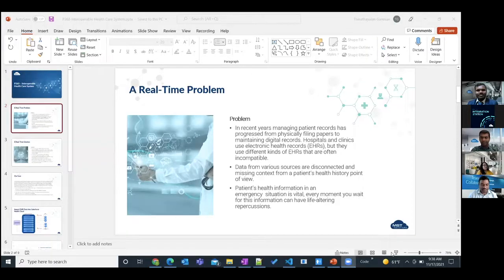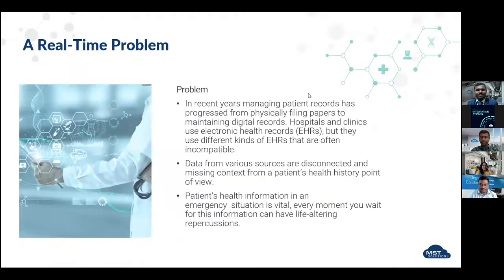Thank you, Santosh. All right, so as part of this hackathon, we try to tackle a situation where interoperability makes more sense. As you know, patient health records have progressed over the years from paper to electronic health records.